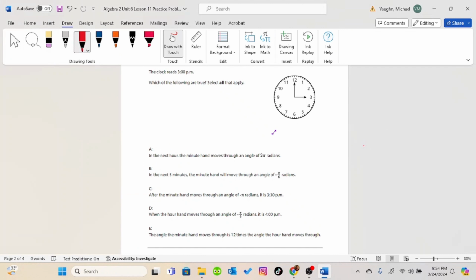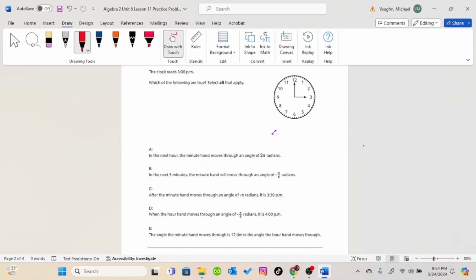The clock reads 3 p.m. Which of the following are true? Select all that apply. A. In the next hour, the minute hand moves through an angle of 2 pi radians. Now, initially, you might think that it's true because it would move one full rotation around the circle.